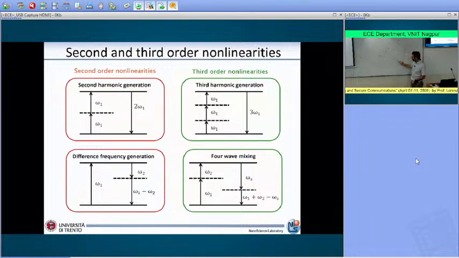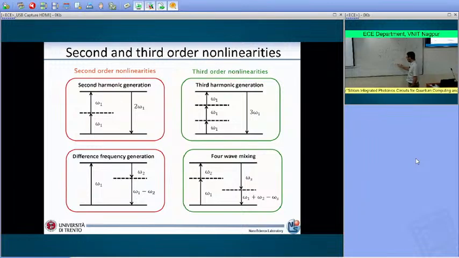And since I am at the single photon level, those 2 photons are entangled. Entangled in time, because they appear at the same time, and therefore they are entangled in time as well as in frequency.